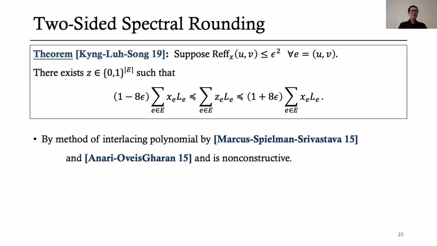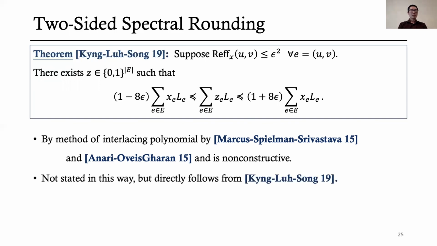Their result is based on the method of interlacing polynomials, so their result is non-constructive. And note that here, the assumptions on effective resistance correspond to the short vector assumptions in MSS. So this is not the original statement of Kyng, Lu, and Song's result, but it's just a direct consequence of their main theorem.